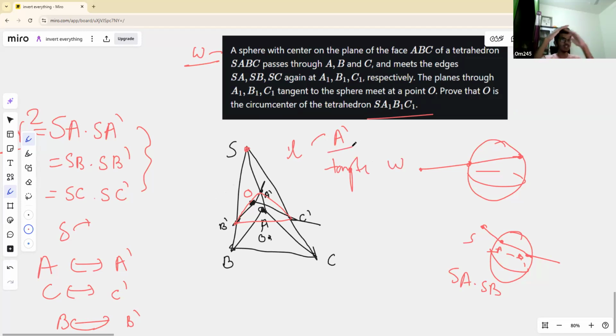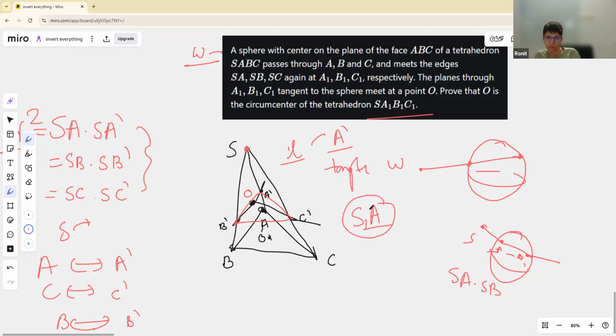Now A dash maps to A, so the image should contain point A, and the plane will map to a sphere. This plane does not pass through S, so that should imply the sphere passes through S and A, and it should be tangent to omega again.